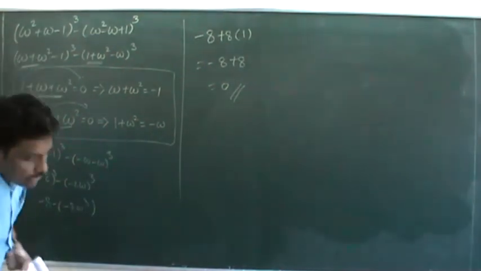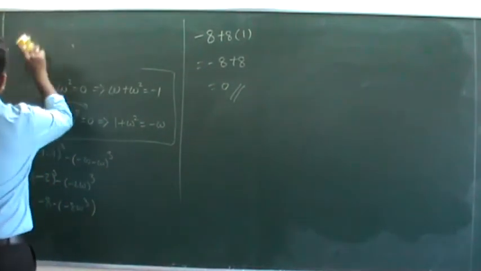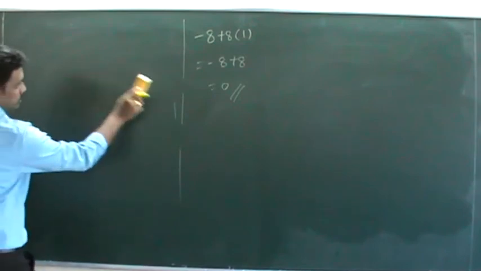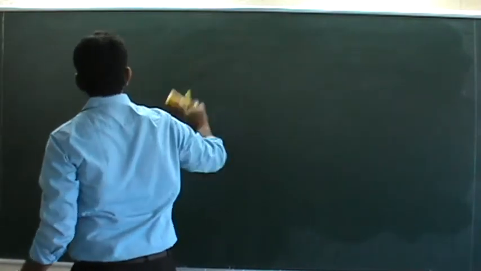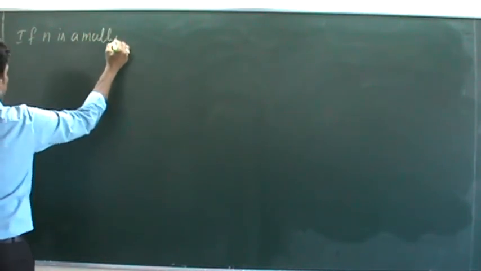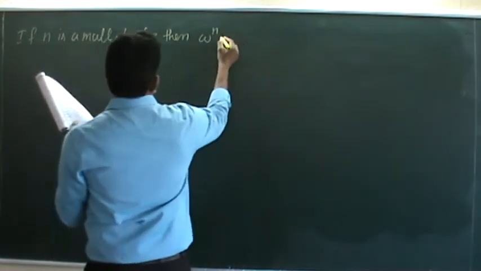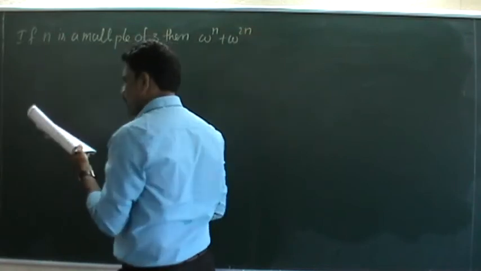The next question is, if n is a multiple of 3, then omega power n plus omega power 2n, this is the value, is equal to what?